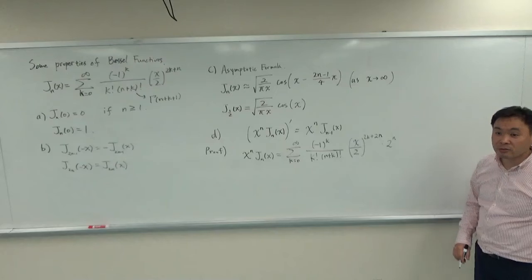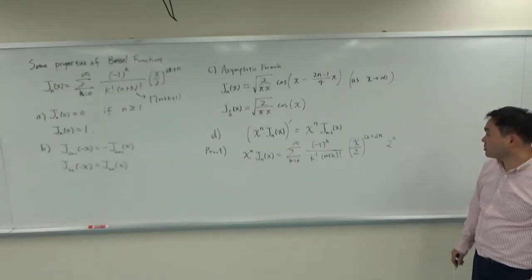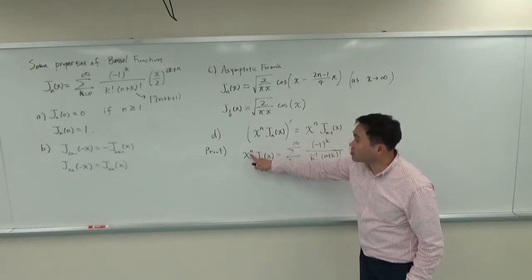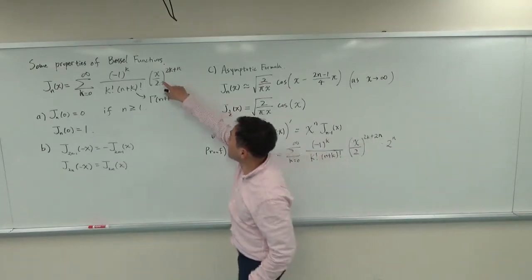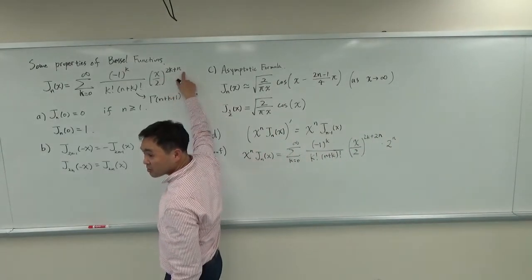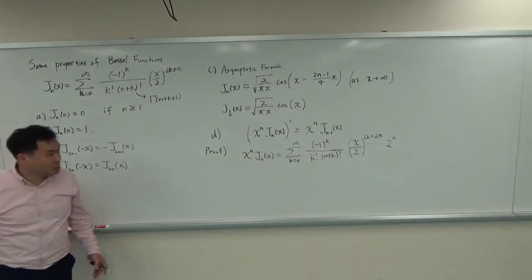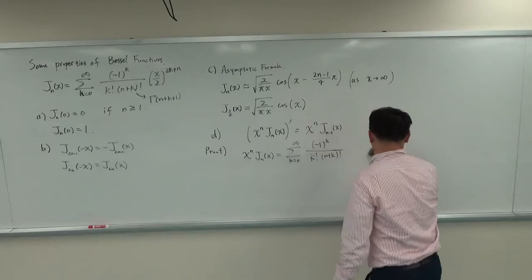So, yes? How did you get 2n on an exponent? Oh, because this is x to the n. Mm-hmm. That gets multiplied to x to the 2k plus n. I see. Yeah. Or, you know what, maybe that's one way to do it, but let's do it this way.